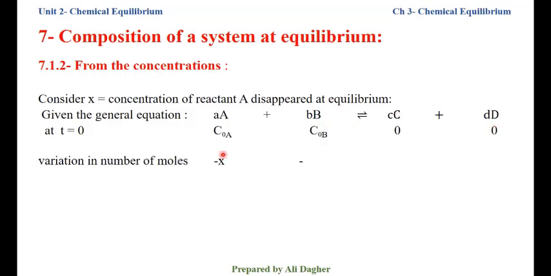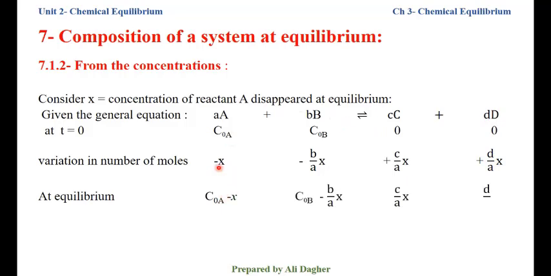Variation: A decreases by amount X, B decreases by an amount b over a times X, C increases by c over a times X, and D increases by d over a times X. At equilibrium: C0A minus X, C0B minus b over a X, 0 plus c over a X, 0 plus d over a X. This is the composition in terms of concentration.